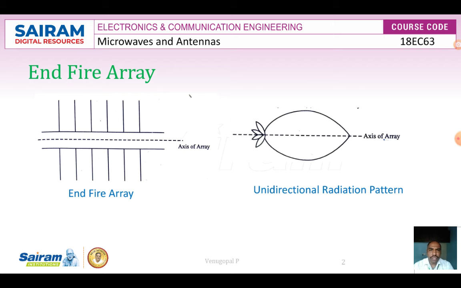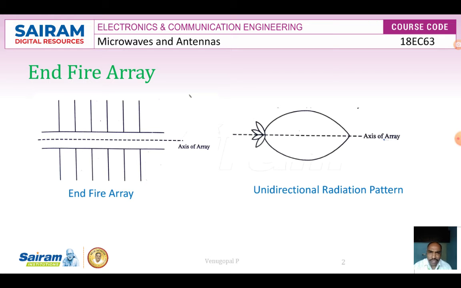So first we'll look at the endfire array. The physical arrangement of the endfire array is the same as that of the broadside array, where the current supplied to the elements will be the same, meaning the magnitude of the current flowing in each element is the same, but there is a phase difference of current in each element. And in the endfire array, the direction of the radiation is not at right angle to the plane of the array, and the radiation pattern of this endfire array is unidirectional.